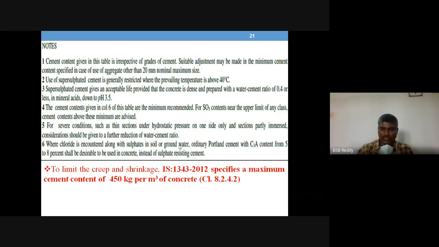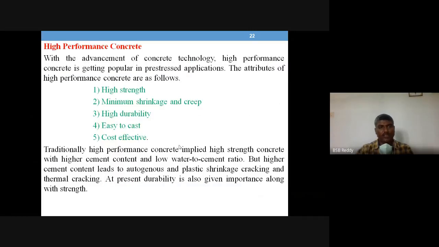Against 530 from the earlier code, it has now been changed to 450 kg per cubic meter of concrete, which is the maximum cement content that you can permit in the concrete.